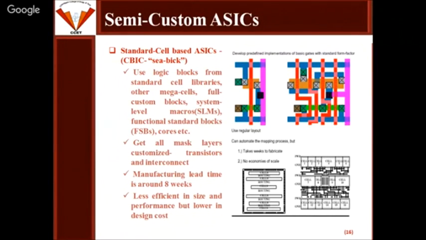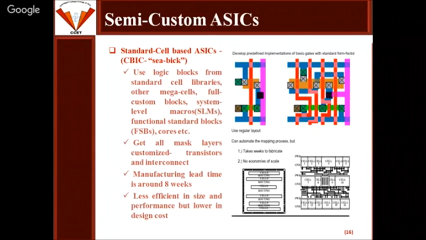Basically we use logic blocks from standard cell libraries, other mega cells, and full custom blocks, which are already defined in the full custom design. You can use them directly. System level macros or functional standard blocks can be used, and then we work on the interconnection. All mask layers are customized, that is transistors and interconnections.